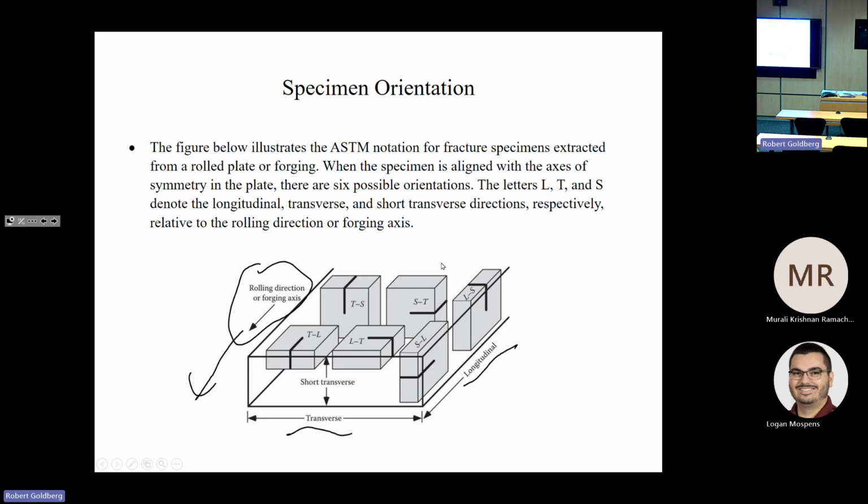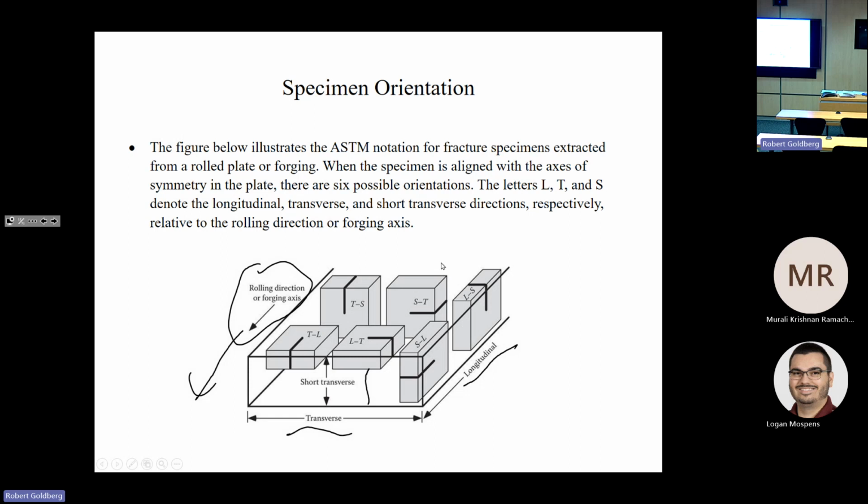The regular transverse direction is in the direction perpendicular to the load. The short transverse direction is basically in the thickness direction, because the idea is you take this big plate and you could cut a whole bunch of specimens from it. So the short transverse is the thickness direction. The transverse direction is the width perpendicular to the loading direction.